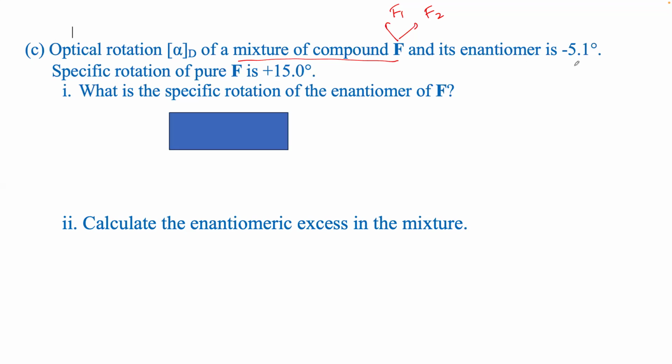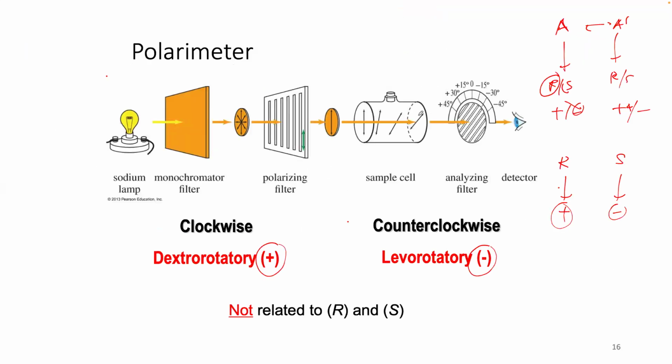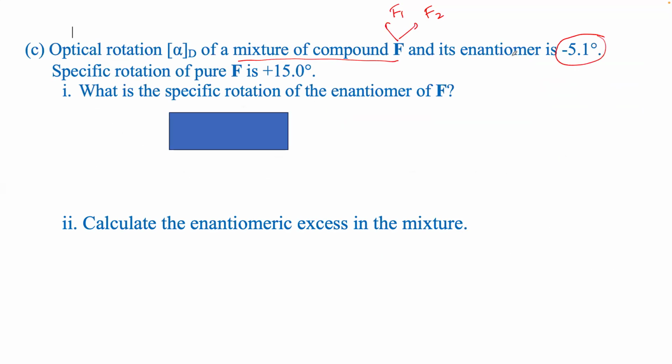So the optical rotation of that is given as negative 5.1 degrees. That means when you put this mixture in the polarimeter, it rotates the light in the negative direction, minus 5.1 degrees. That is the meaning. Then the specific rotation of pure F, the pure enantiomer, is plus 15.